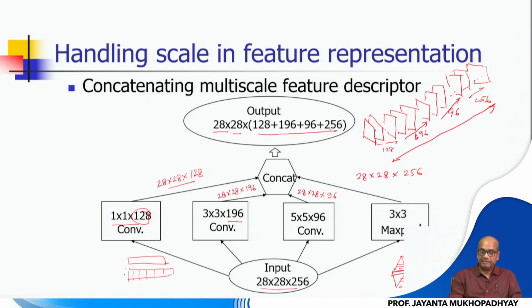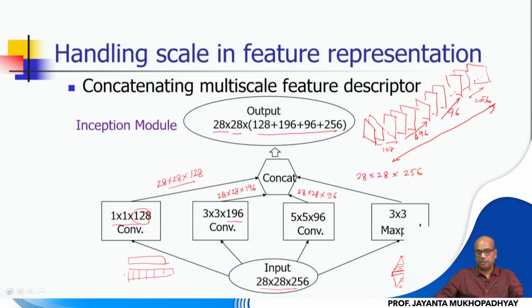You can see different scales because of the operations at different scales. But of course, the constraint here is that we are keeping the image size the same. Usually when you do multi-scale operations, we do some downsampling, but we are not doing downsampling here. After that, of course, you can perform some operations.